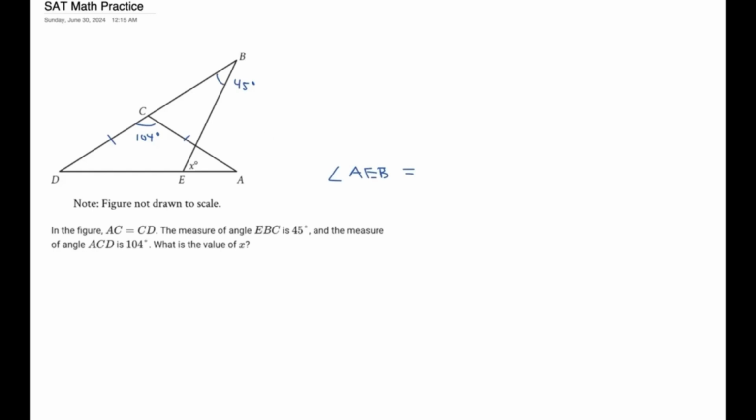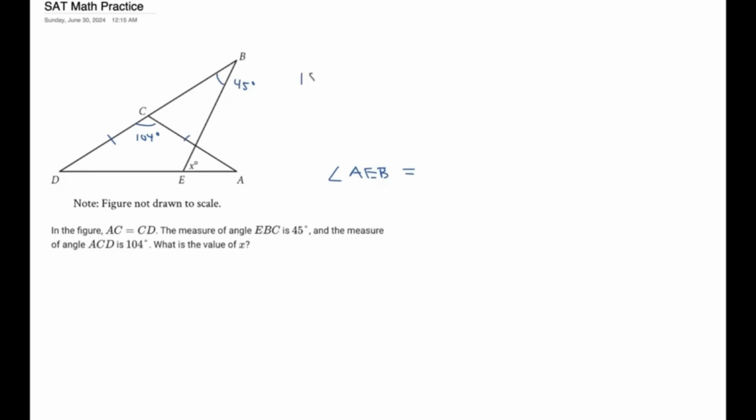So first off, they tell us that AC equals CD. So this triangle right here, triangle ADC, is an isosceles triangle, right? Because these two side lengths are equal, we know that these angles here, angle D and angle A, are going to be equal to each other.